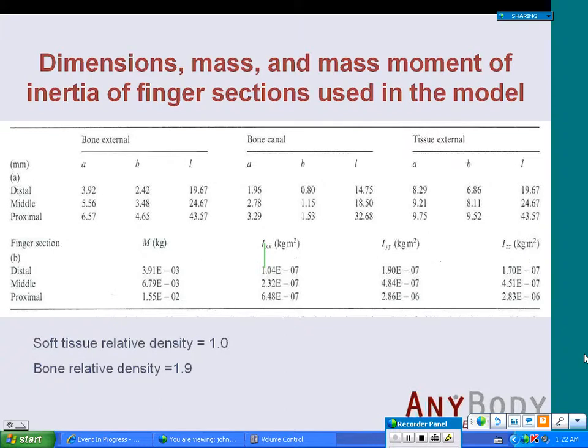In the calculation, we use the soft tissue relative density as 1.0, which is reasonable, and the bone relative density as 1.9, which is an average from the published data.